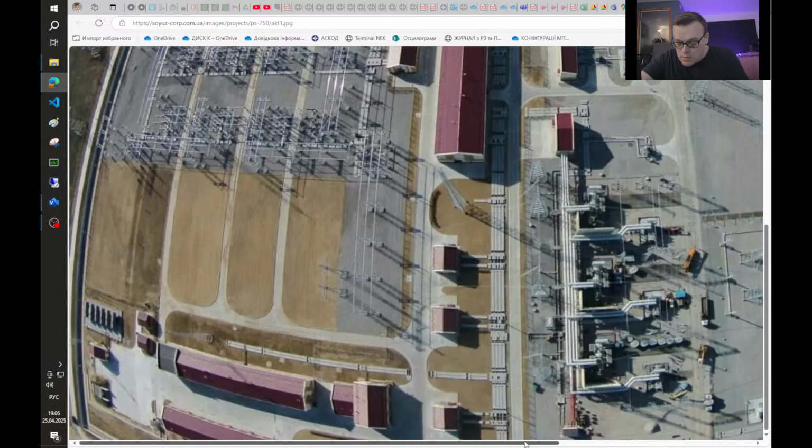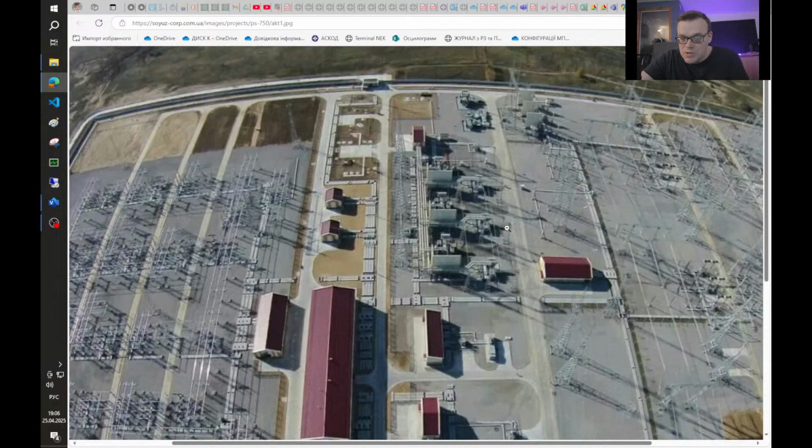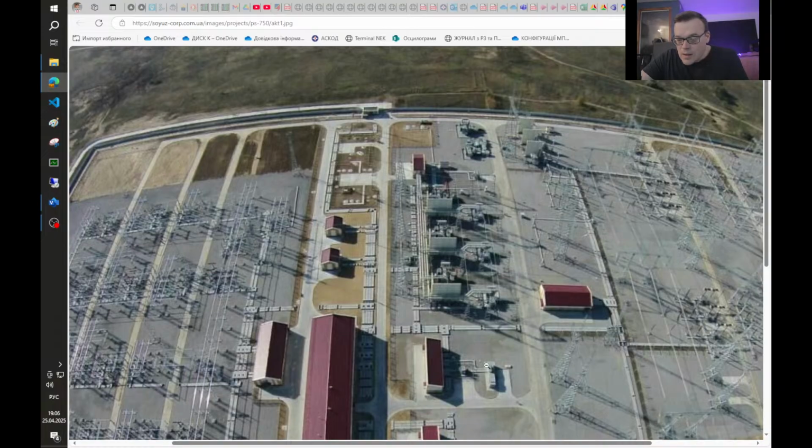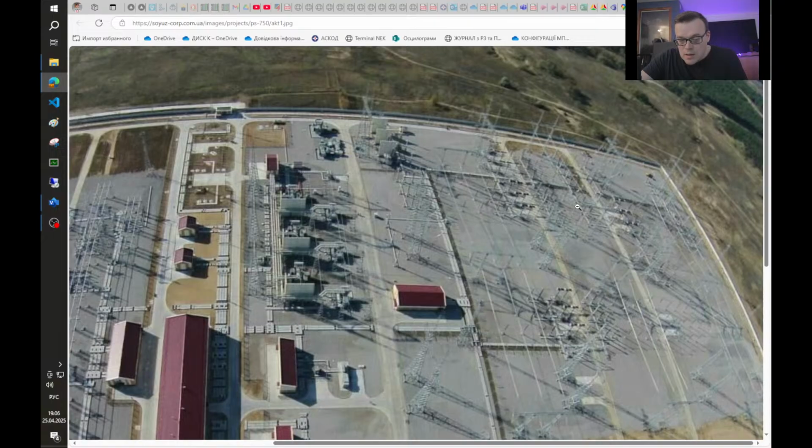So this is a group of auto transformers, circuit breakers, and the circuit breaker of the shunt reactor.